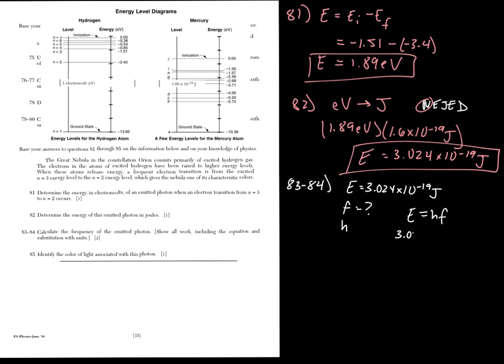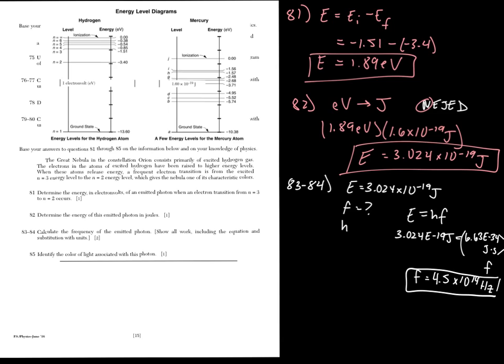So 3.024 times 10 to the negative 19 joules is equal to h, which is on the reference table as well, 6.63 e to the negative 34 joules seconds, times our frequency f. Divide, and we're going to get about 4.5 times 10 to the 14th hertz.